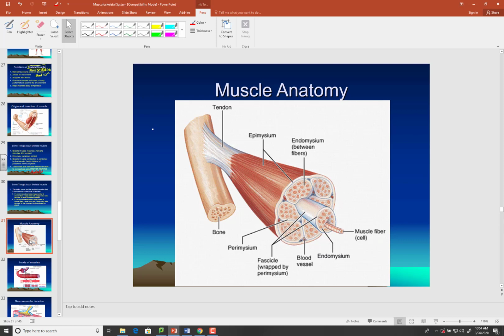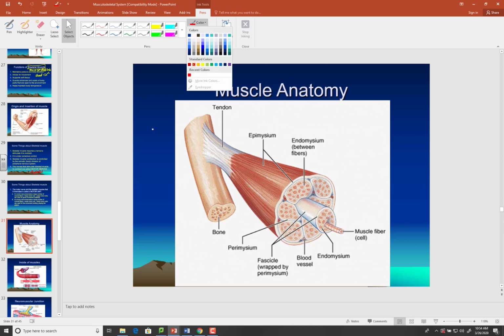So I'm going to take you from the outside of the muscle to the inside, and then I'm going to really get into where the rubber meets the road and how a muscle actually contracts. It's not going to be detailed. It's going to be very rudimentary. This is general anatomy and physiology. All right, so here we go.